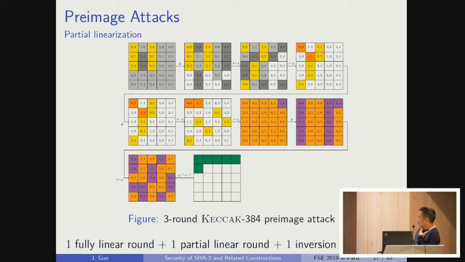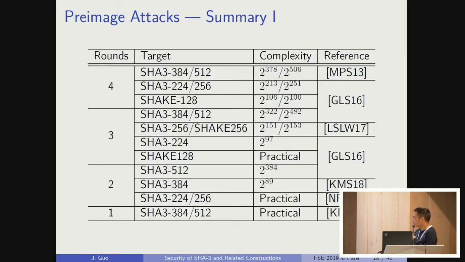But as long as these algebraic degree 2 variables are limited to specific positions, we are fine. In this example, we use one fully linearized round, one partially linearized round, plus one inversion round. This is how we cover 3 rounds for Keccak-384.